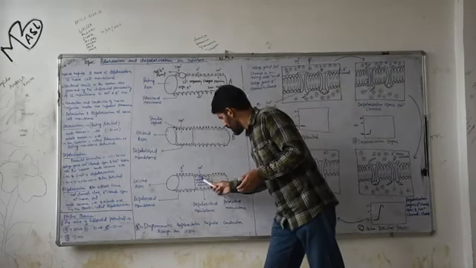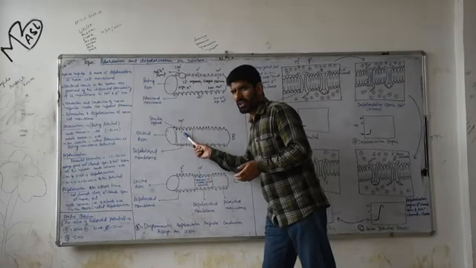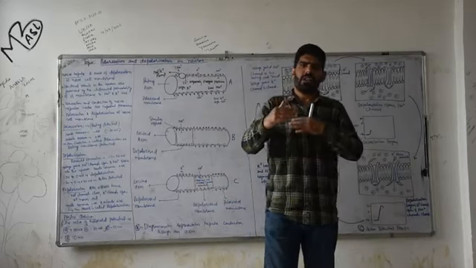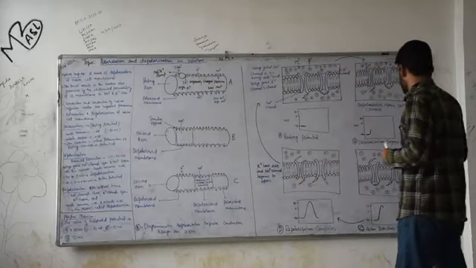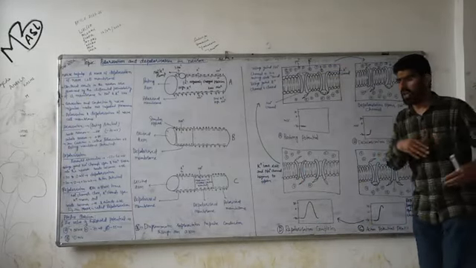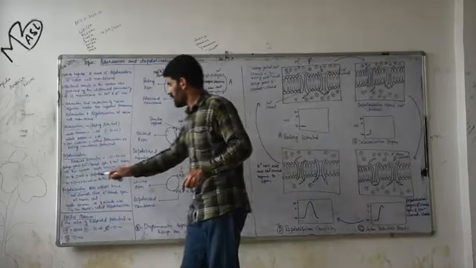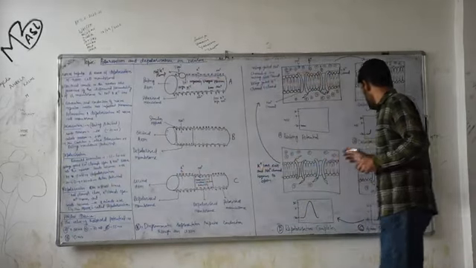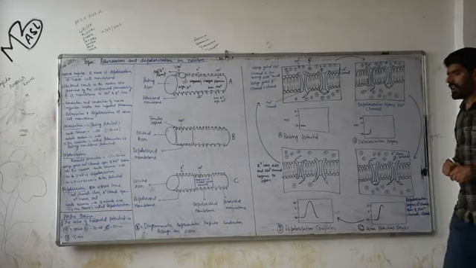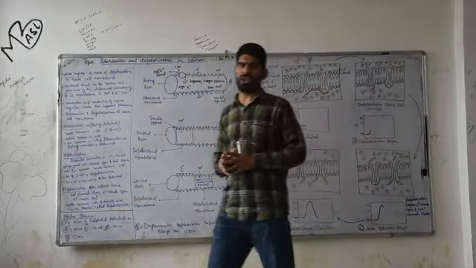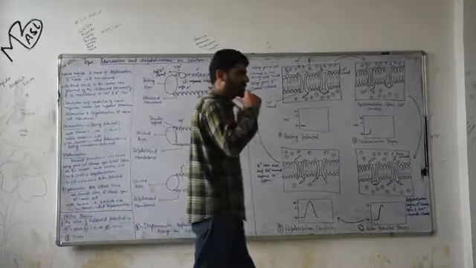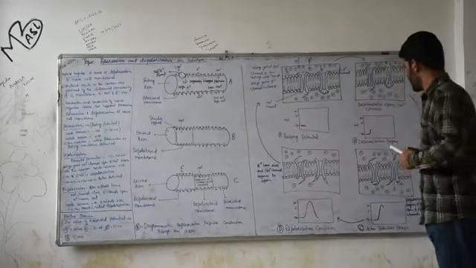You see here, the wave of depolarization is here, then it moves to here, and the electric potential goes from minus 70 to 0, then it moves to plus 30 millivolt. When it moves to plus 30 millivolt, it is called the action potential. And this plus 30 value is called the action potential peak.